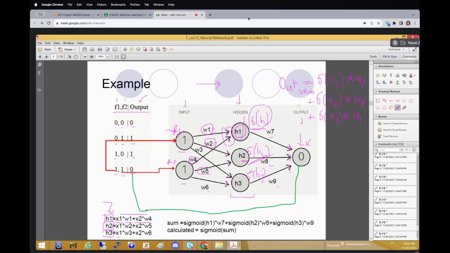So here in the output sum, these are the sigmoid values, and we will get the output sum in that case.